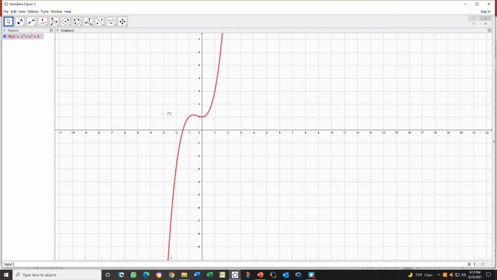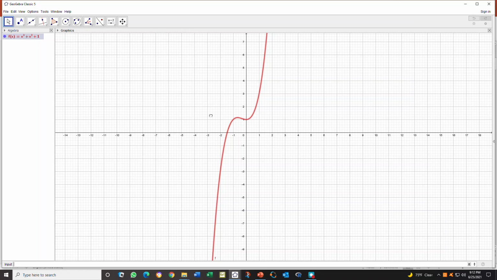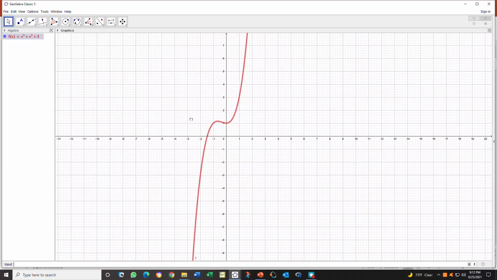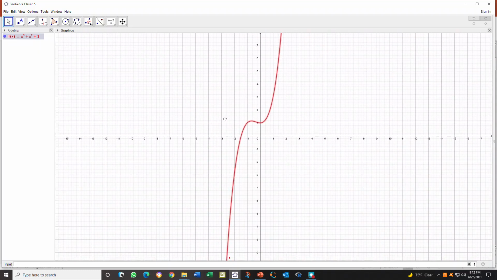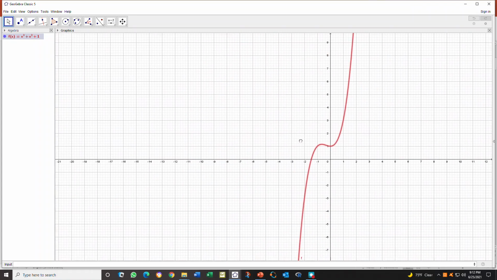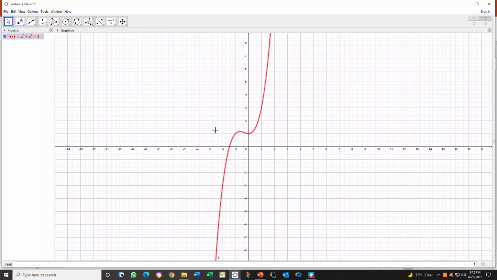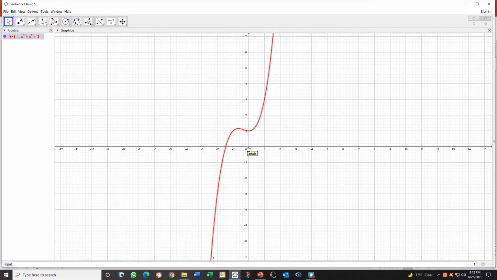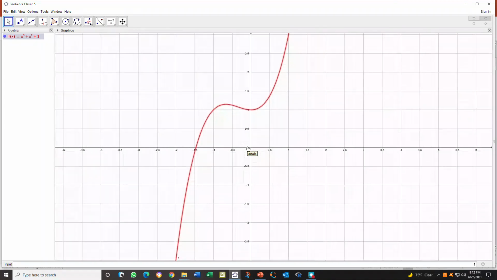We got the graph of that function. Now I'm doing a left click on my mouse and dragging it. It allows me to drag the graph. And if I scroll on the mouse, I can zoom in.